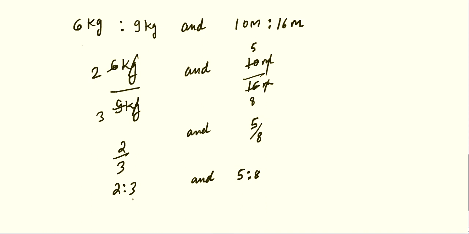As you can see, in the first scenario we are getting 2:3, 2 by 3, but in the second we are getting 5:8. Are they equal? No, they are not equal. That means these two are not forming a proportion. Clear? So you can write 6 kg is to 9 kg doesn't form a proportion with 10 meter is to 16 meter.